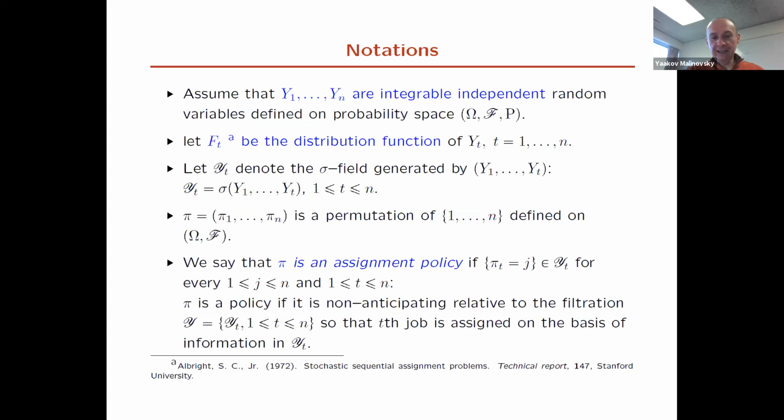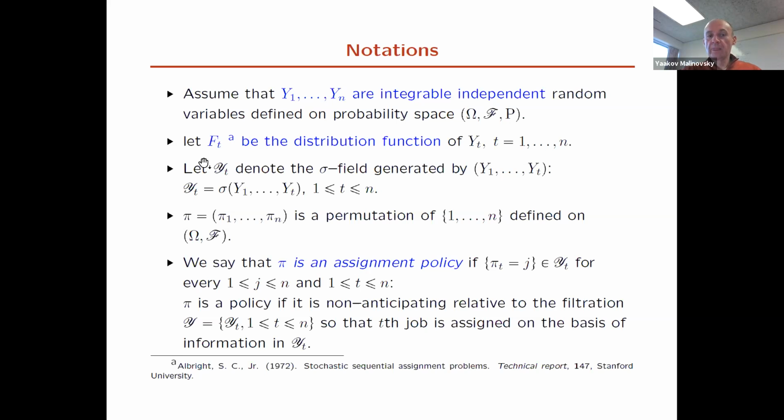In 1972, about the same time, Albright extended this problem to the case when jobs are still independent, but not necessarily identically distributed. Again, in the classical notation, you have Y1 to Yn integrable independent random variables, not necessarily identically distributed.